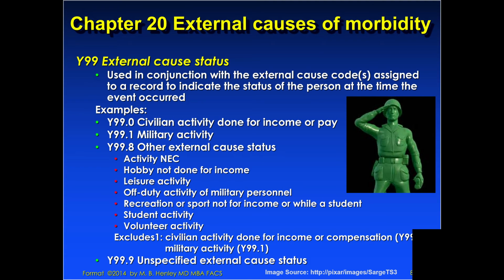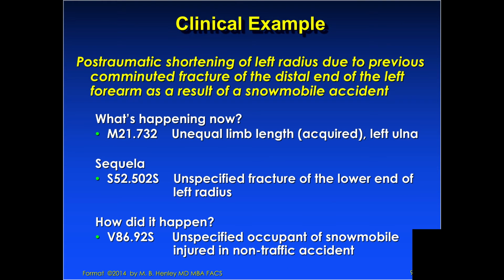And so a civilian activity done for income or pay, meaning on-the-job injury, Y99.0. Someone's active duty military, or other external cause status, which generally includes leisure activity, recreational, sports, student activity, volunteer activities, or unspecified. So let's look at a couple of clinical examples.